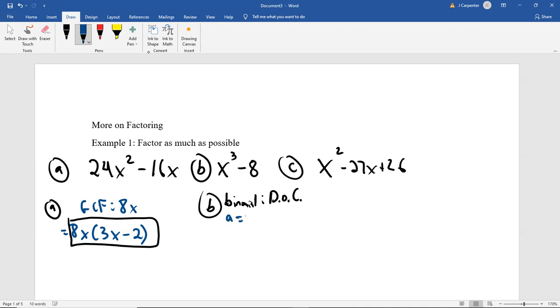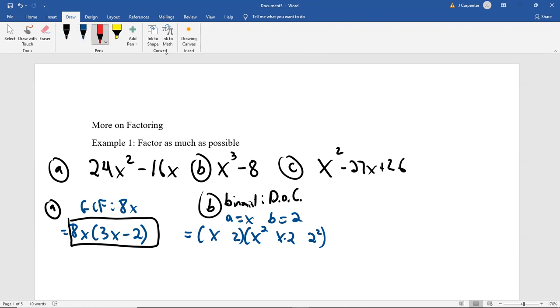All right, so our A would be x, because x cubed is x cubed, it sounds redundant. And then what number cubed makes 8? Well, it's 2. So we go, parentheses A minus B, and another parentheses, A squared, A times B, and then B squared.